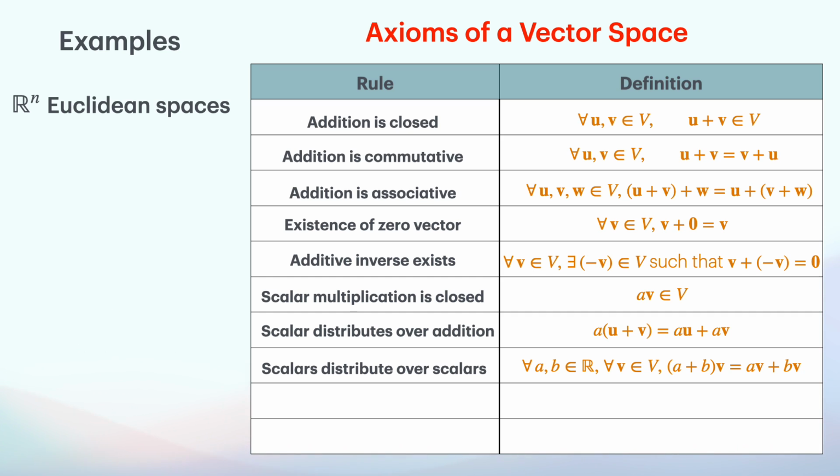Distributivity of scalar multiplication over scalar addition. If you add two numbers first, then multiply a vector by that sum, it is the same as multiplying the vector by each number separately and then adding the results. Scaling distributes over adding numbers. Associativity of scalar multiplication.